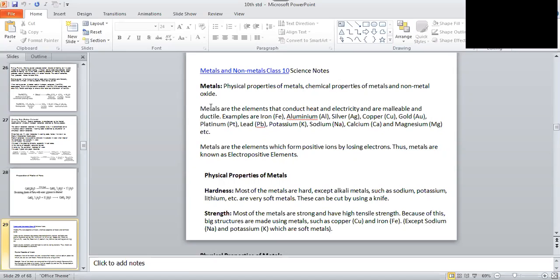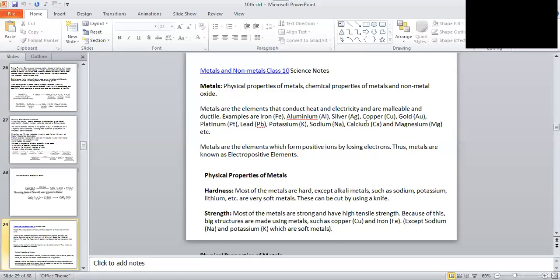Now, metals are the elements that conduct heat and electricity. They are malleable and ductile. Common examples of metals are iron, aluminium, silver, copper, gold, platinum, potassium, sodium, calcium.